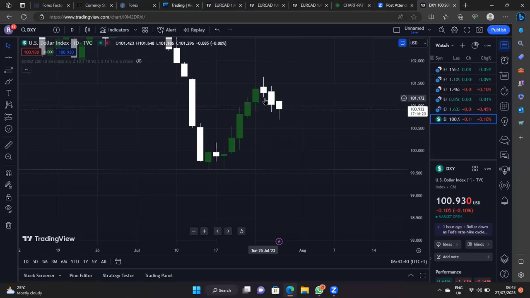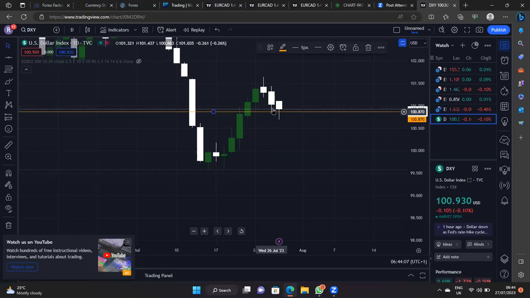You are setting up your support or resistance via the body and the wick of the previous candle. So this is what it looks like, and this is what you will be doing. If you want to set up your support and resistance using the charting method, this is what we're having. So this is the previous candle.